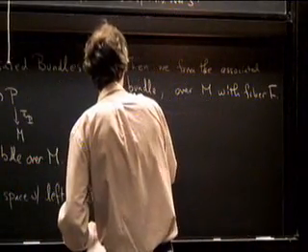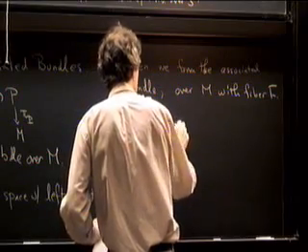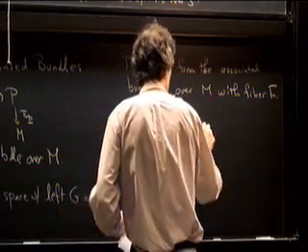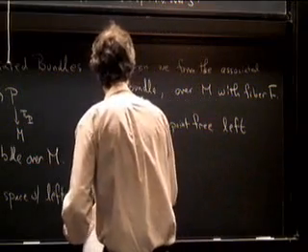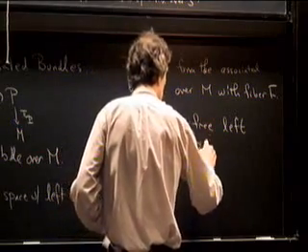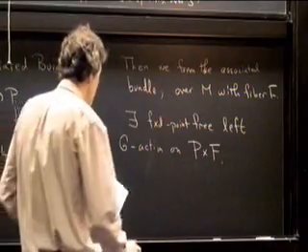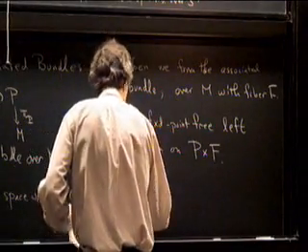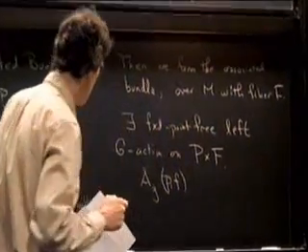We note that there's a fixed point free left G action on P times F. Okay. So let's denote that A sub g. There are a lot of G actions around, so I'm giving this one a name.